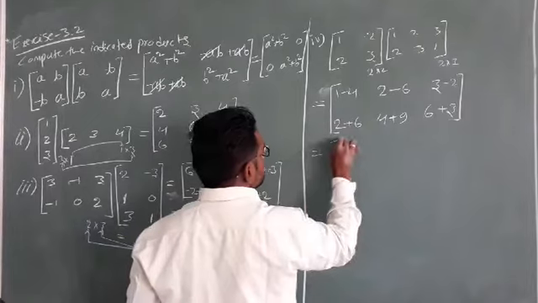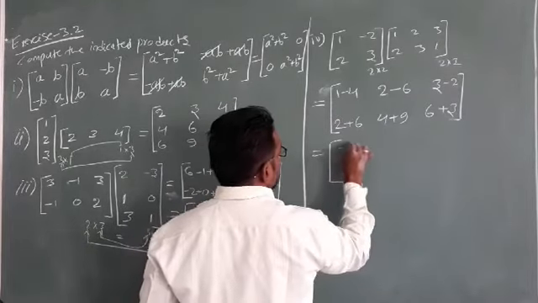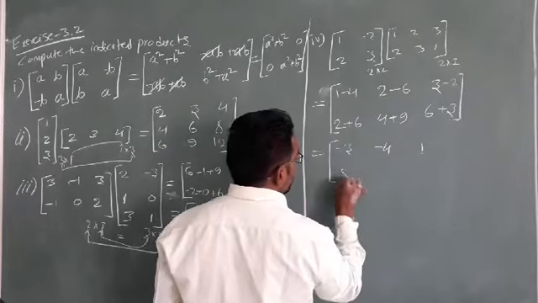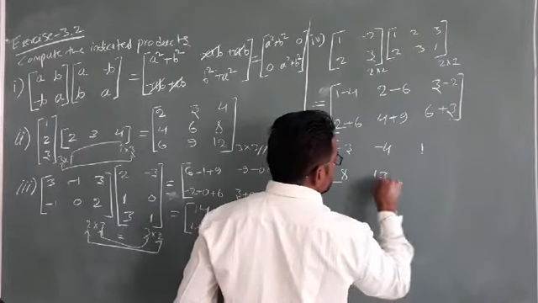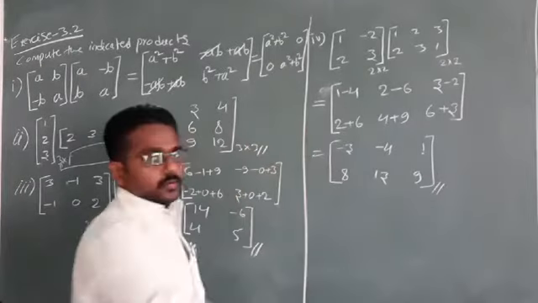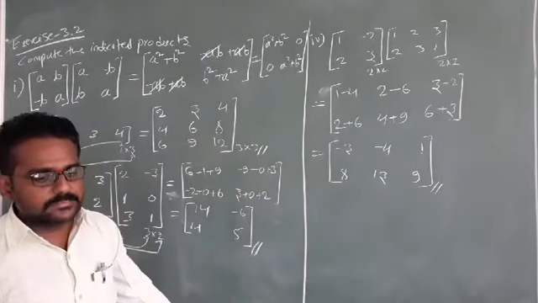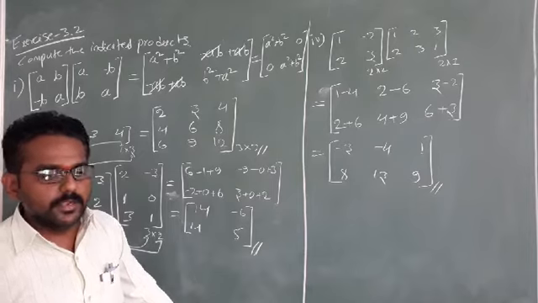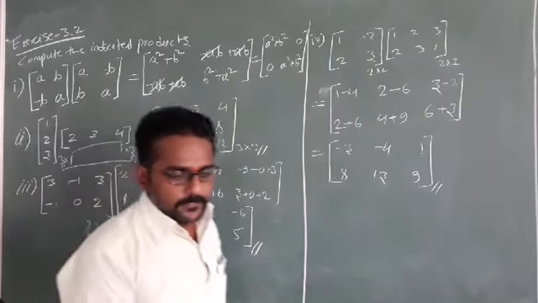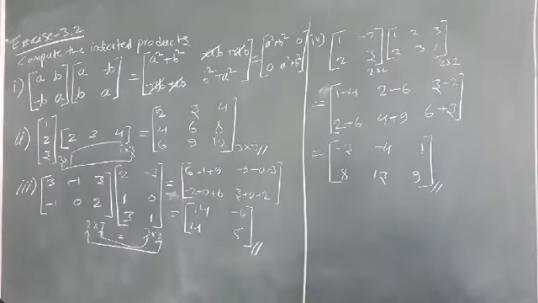So what is the result here, students? Minus 3, minus 4, 1, 8, 13, and 9. This is the 2 by 3 matrix. Minus 3, minus 4, 1, 8, 13, 9. Okay. Take them, students.